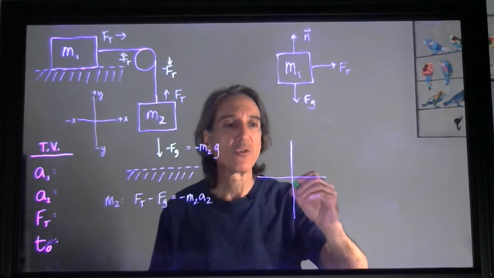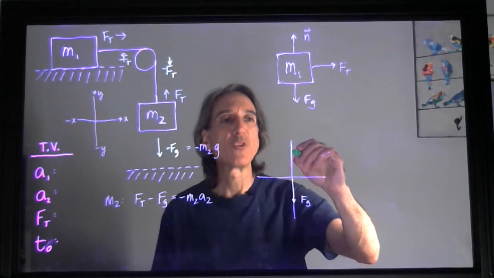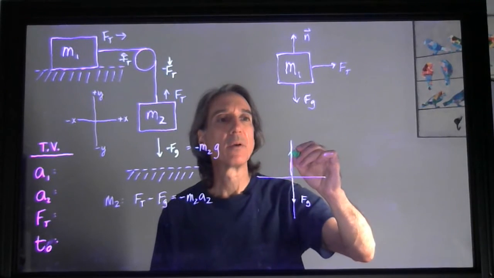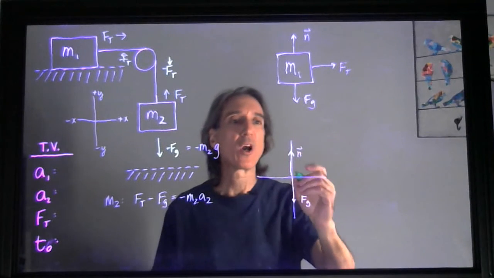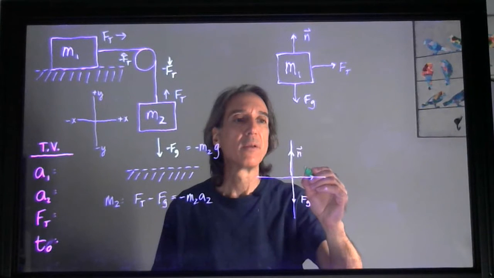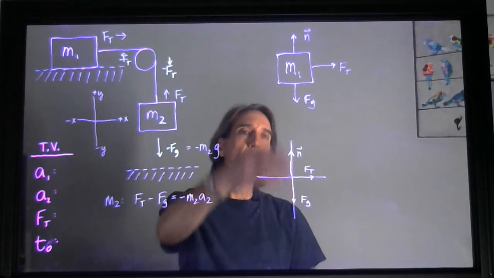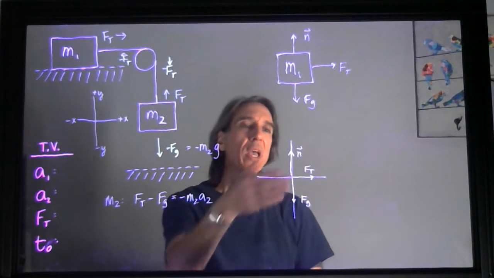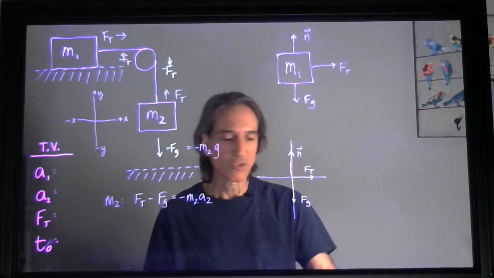So what we'll have is the gravitational force down, the normal force up, and we also have our tension force off to the right. But what we notice is that the y direction forces cancel each other out, and all we're left with here is the tension force in the positive x direction.